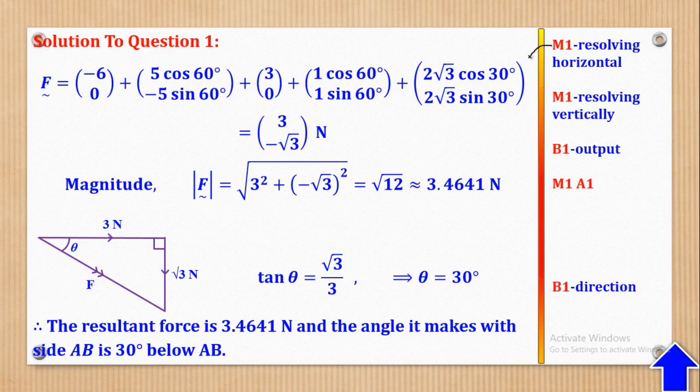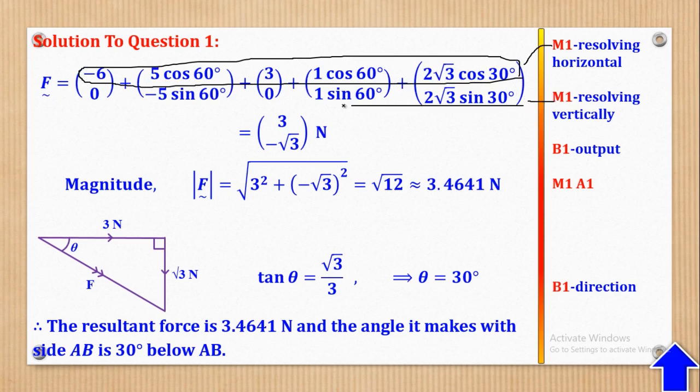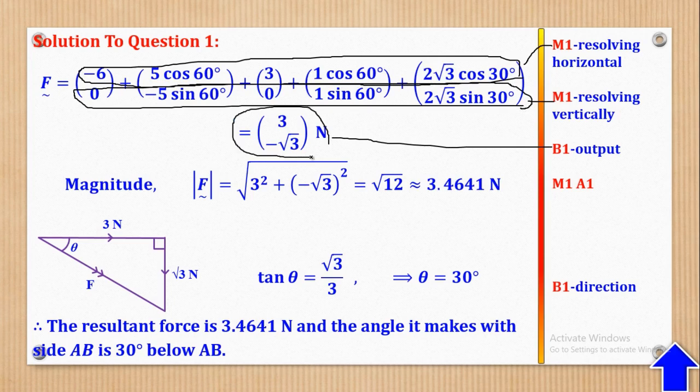M1 is for resolving horizontally, so all these values in the first row have to be correct for you to get that M1. Another M1 is for resolving vertically, meaning all these values in the second row have to be correct for you to get that M1. Then B1 is for addition, so adding correctly to get the vertical and horizontal components.